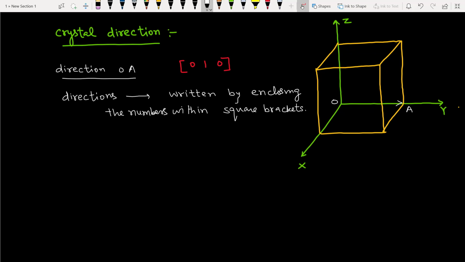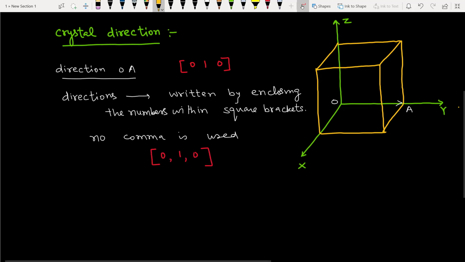No comma is used. Keep in mind, no comma is used. You cannot write it like this, 0, 1, 0. This is wrong.